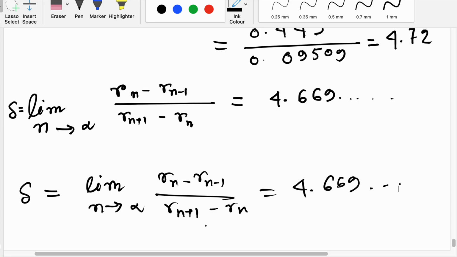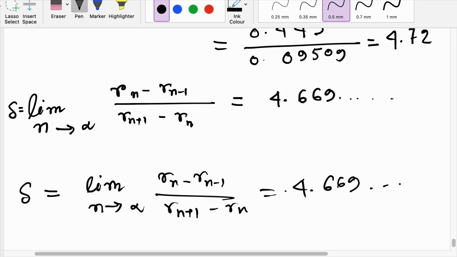So pi is the signature of the circle. Similarly, this value delta, 4.669, is another irrational number which signifies the period doubling route to chaos. That's why it is universal. This constant in physics is called universal in the sense that pi is for circles.